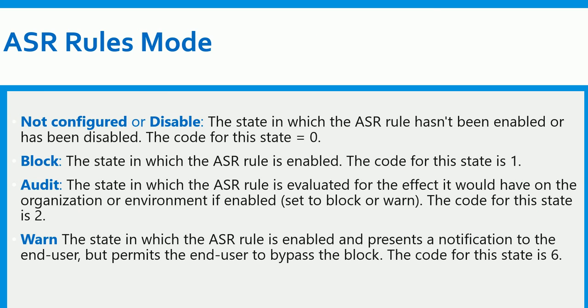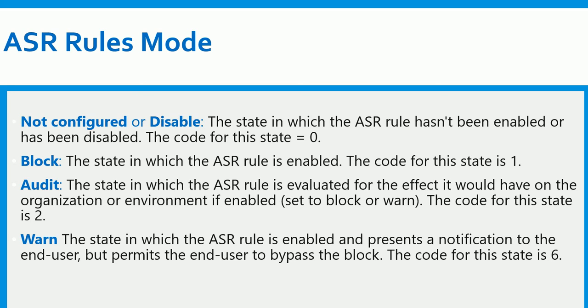So ASR rule modes: when we set it to not configured or disabled, what does it mean? It is the state in which the ASR rule hasn't been enabled, and that code is 0. Block mode says the ASR rule is enabled, and the code state is 1. Audit mode is a state in which the ASR rule evaluates the effect it would have on your organization or environment if enabled and set to block or warn, and the code is state 2.